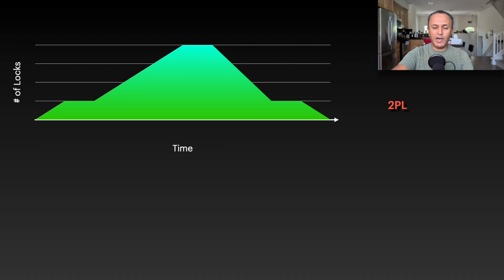So there is an upward trend in the growing phase and then a downward trend in the shrinking phase. The point at which we have all the locks that we need is called the lock point. Before the lock point is the growing phase, and after the lock point is the shrinking phase. So this is what a two-phase locking timeline looks like for a given transaction.